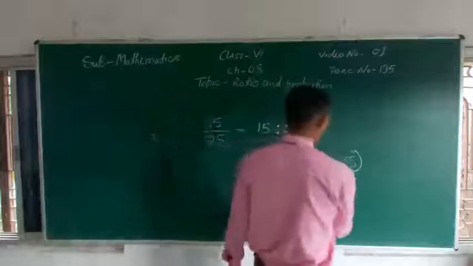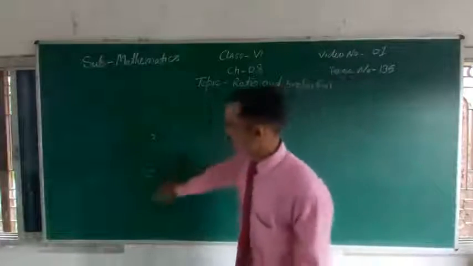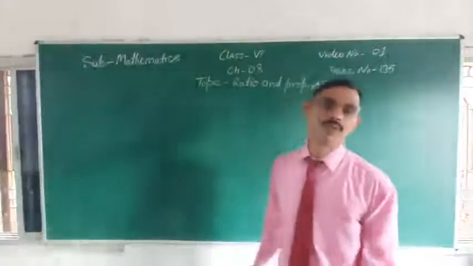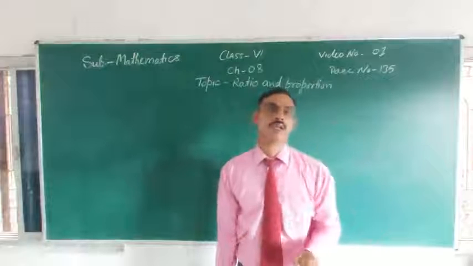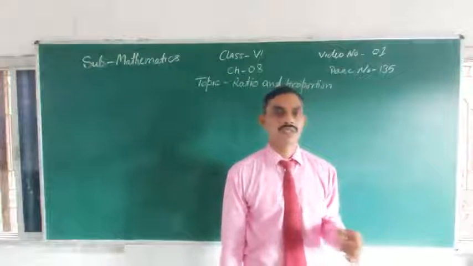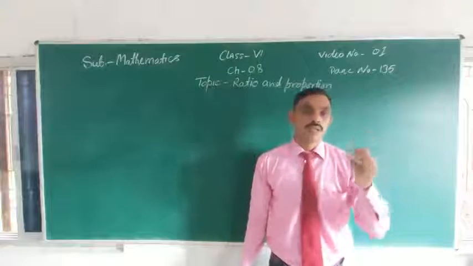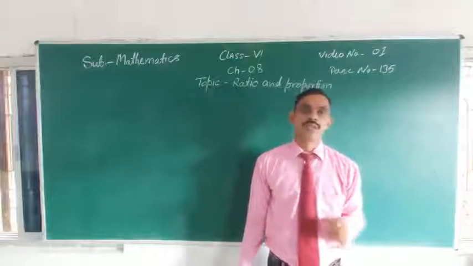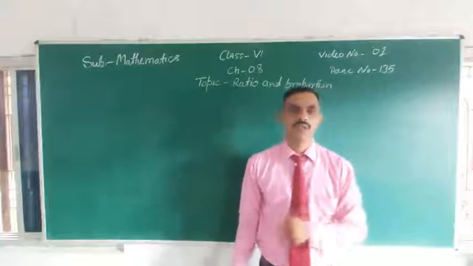Hope you have understood. Along with those 4 properties, you also have to keep in mind the fifth one: if the terms of a ratio are fractions, we multiply each term by the LCM of their denominators.